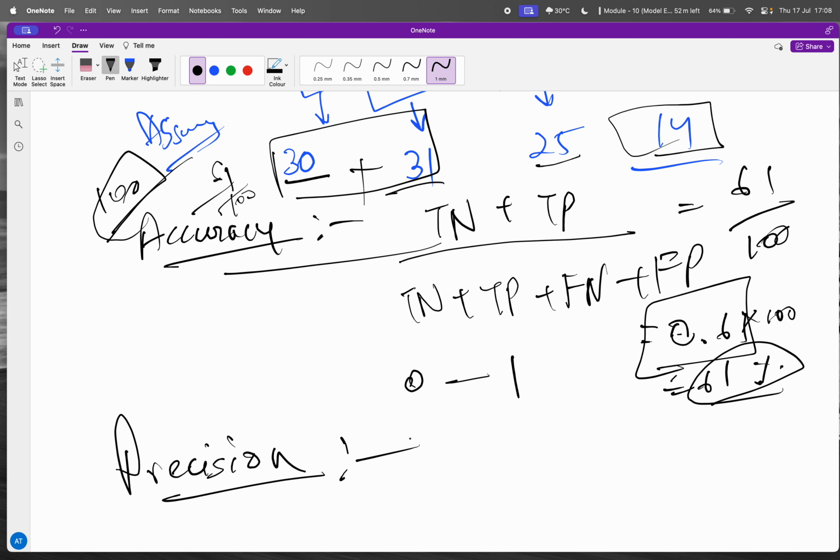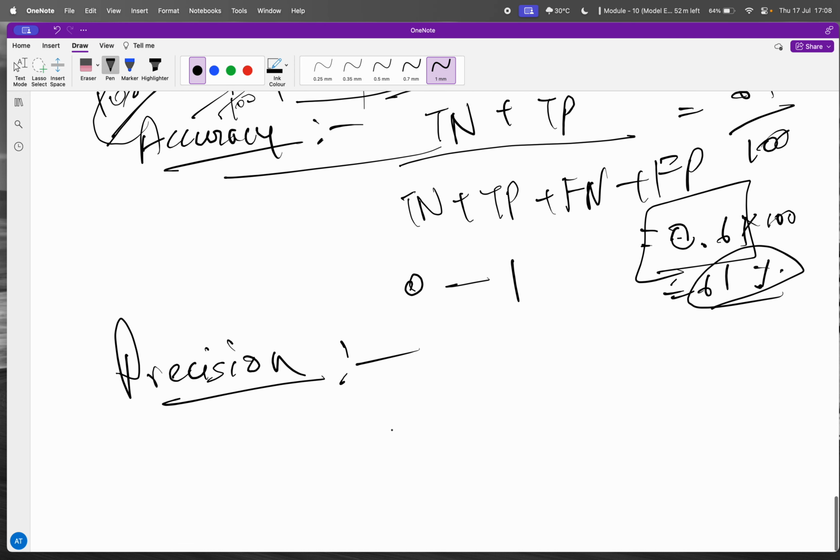How many positive predictions are correct? Right, correct. This is the layman language. Good one. That means how many positive predictions are correct.